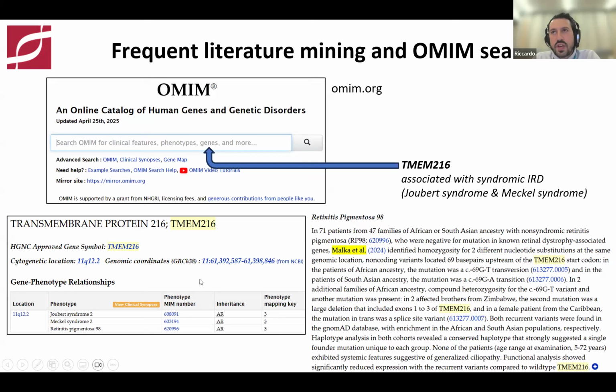And it's nice that it's so frequently updated that if you click and scroll through all the information on the phenotype, it already explains that in 71 patients of African and South Asian ancestry, they found non-syndromic retinitis pigmentosa, and so on. So even though you have checked this gene once on these databases, I really recommend doing frequent searches. The state of the art of the literature is constantly updated, and you will always find new genotype associations.